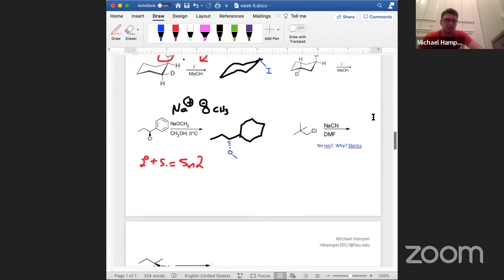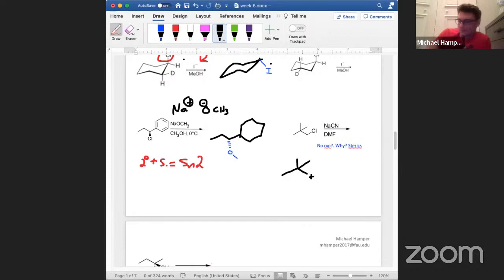So when that leaving group leaves, you have your carbocation. But do you see how these methyls each have their own electron cloud? They're going to interfere with the space that this nucleophile can come in.